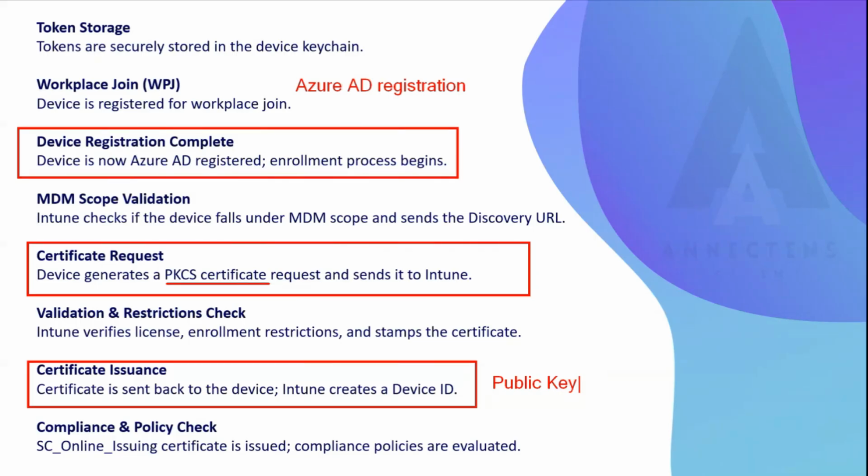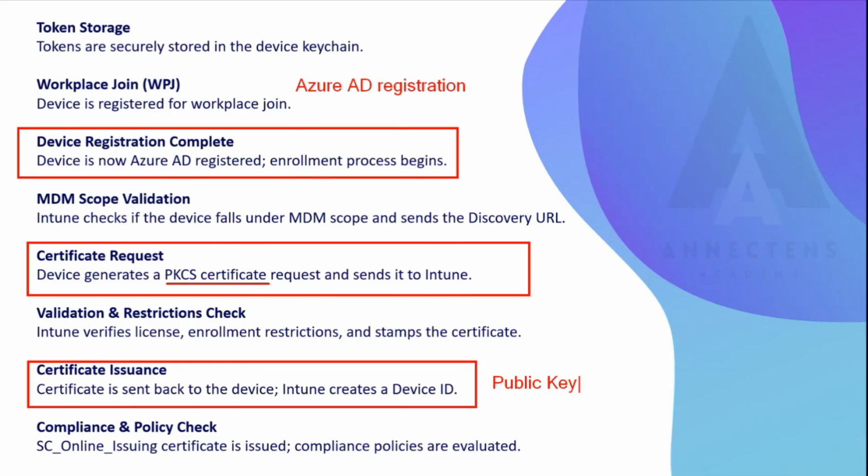You will see that this device is registered and not yet managed by Intune. It is just a registered device. Registered means the entry is just created, but various validation processes are still running in the background, and until then the device will not be marked as compliant or fully managed.